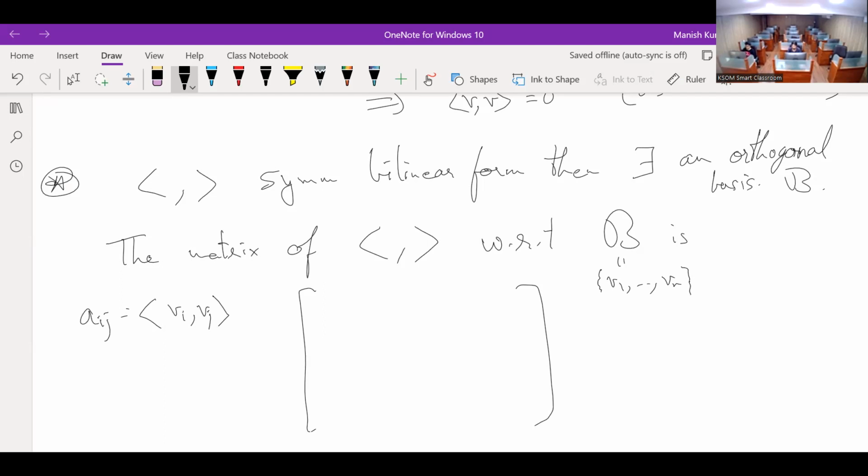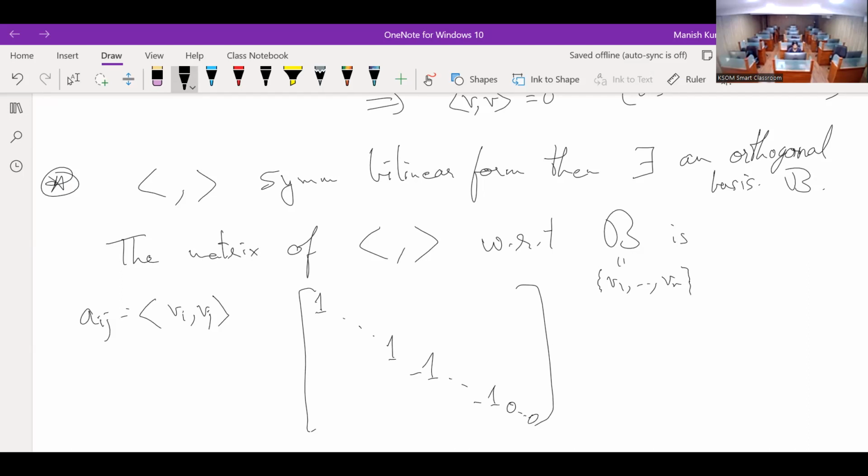It may be 1, -1, or 0, meaning it is either positive, negative, or 0. And if it is positive or negative, then by scaling, we can make sure that it's 1, -1, or 0, by dividing these vectors by the appropriate thing. So maybe I'll write it this way: a bunch of ones, then a bunch of -1s, and then a bunch of zeros.